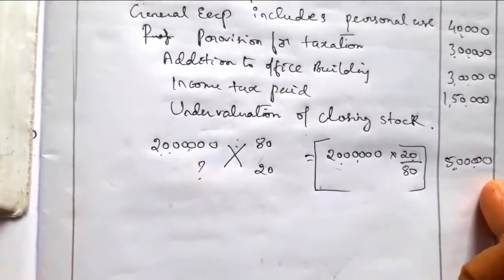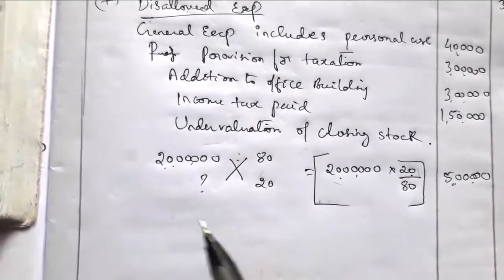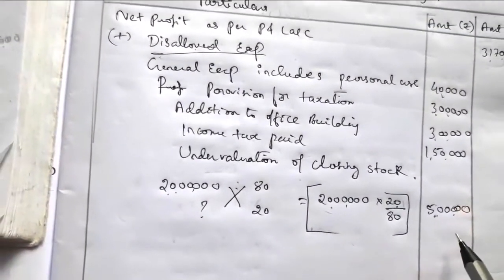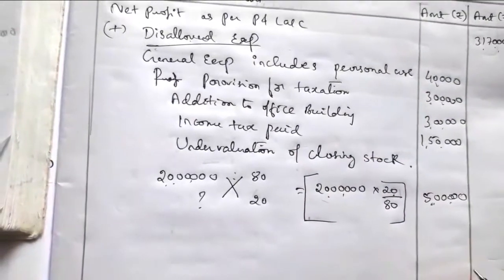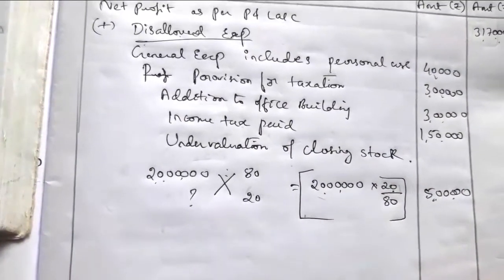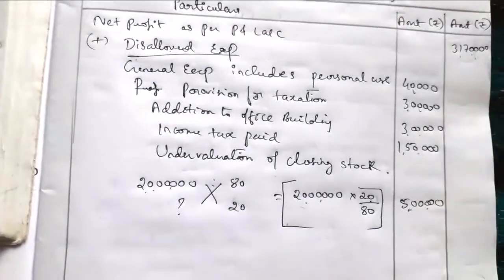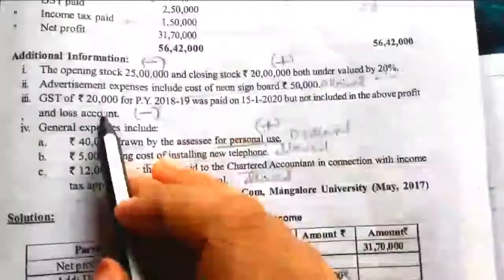The closing stock value that should be recorded on the credit side is 25 lakh, but they recorded 20 lakh. So 5 lakh is not recorded, and to record it we have to add it to the net profit. So that is added. Now next is advertisement expenses.